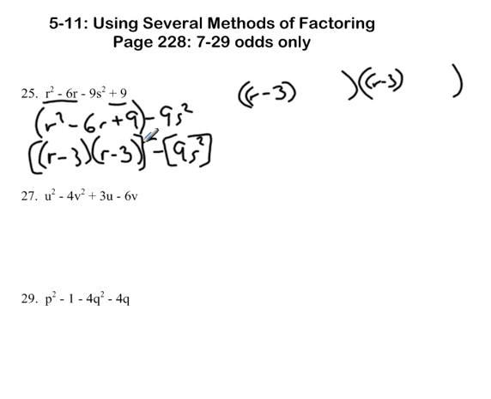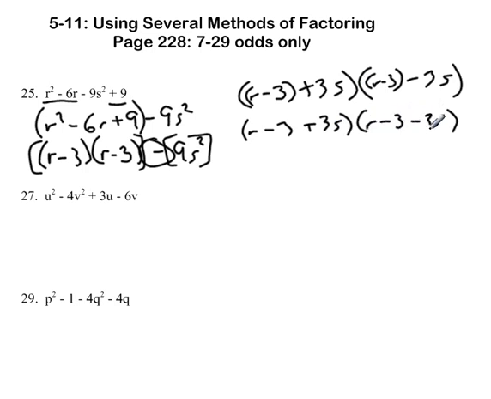This minus right here tells you that's a difference of two squares. So you have a plus and a minus. And to get 9s squared, that's 3s times 3s. Now in simplest form, you won't have these nested parentheses. So I'm going to put my large three-term parentheses back and just rewrite this r minus 3 plus 3s and r minus 3 minus 3s.